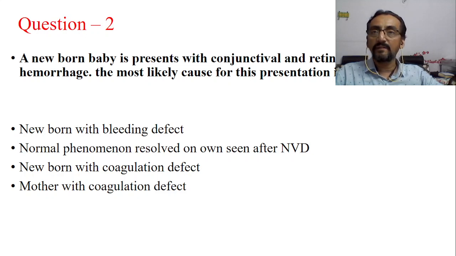Newborn with a bleeding defect, normal phenomenon resolved by itself which is normally seen in normal vaginal deliveries, newborn with a coagulation defect, or mother with a coagulation defect. Yes, anybody? So normal phenomenon resolved on its own after NSVD.